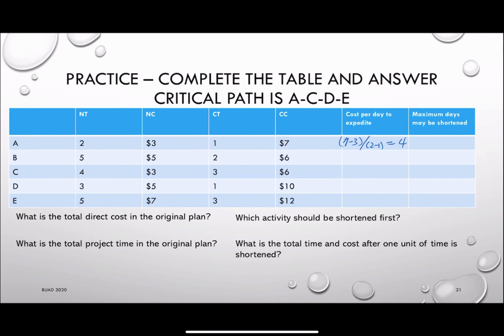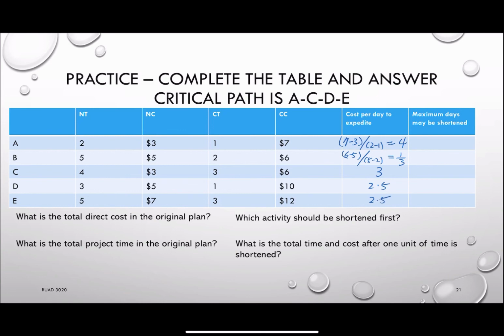And for activity B, my crash cost will be 6, normal cost will be 5, normal time will be 5, crash time will be 2, which means cost per day to expedite will be 1/3. And you can do the same thing for the rest of it. The third one will be 3, next one will be 2.5, and the last one will be 2.5.